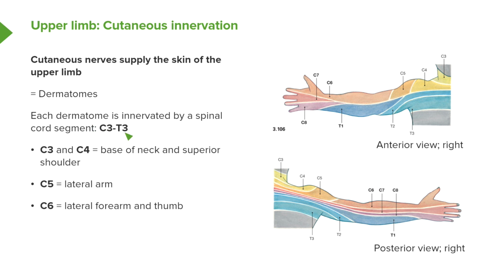We've got C3 all the way down to T3 here in the axilla. And here we can see C3 and C4 is the base of the neck and the superior aspect of the shoulder. Here we can see we've got C5, which is the lateral part of the arm. We can see we've got C6, which is the lateral forearm and the thumb. We can see this on both the anterior aspect and on the posterior aspect as well.